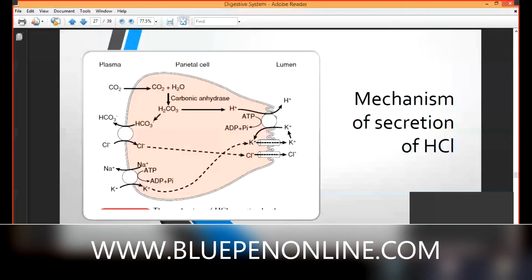So the negativity increases due to the entry of Cl minus ion. So in order to maintain this, the potassium ions and some sodium ions flow from the cytoplasm into the canaliculi. Ma'am, potassium ions flow to the plasma, no, ma'am?